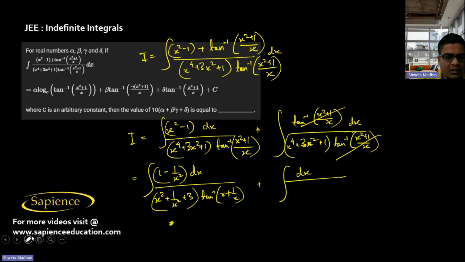I'll keep it like this: x power 4 plus 3x square plus 1 integral dx.